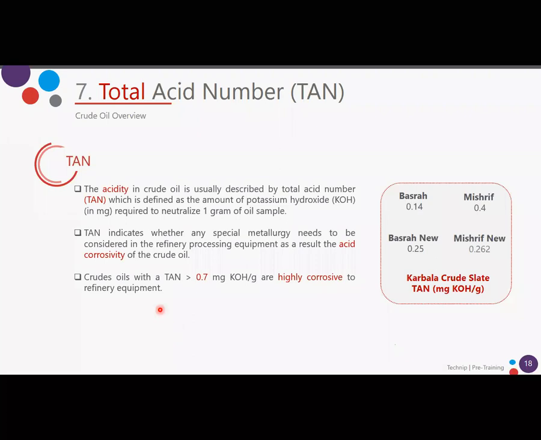It is said that if the crude oils have a TAN greater than 0.7 milligram of potassium hydroxide per gram, they are highly corrosive to refinery equipment. In our case, the TAN is lower than this value, than 0.7.